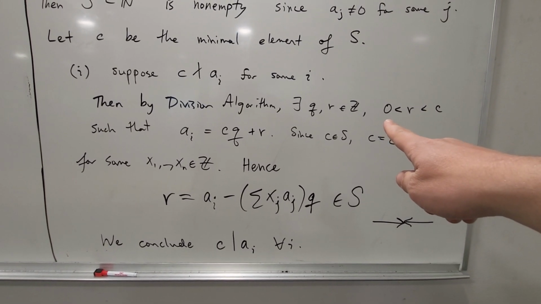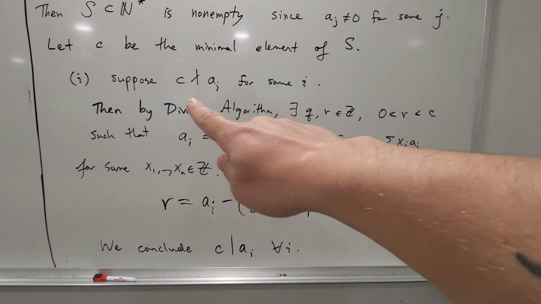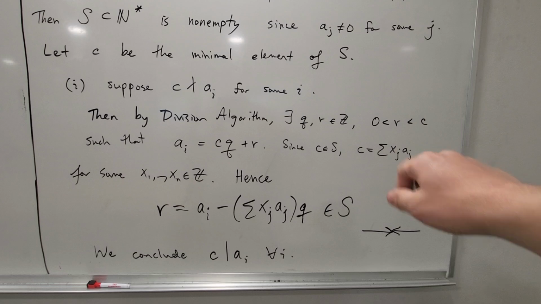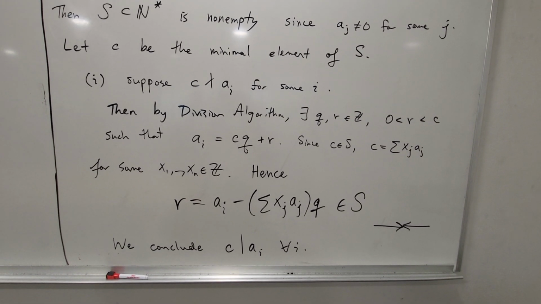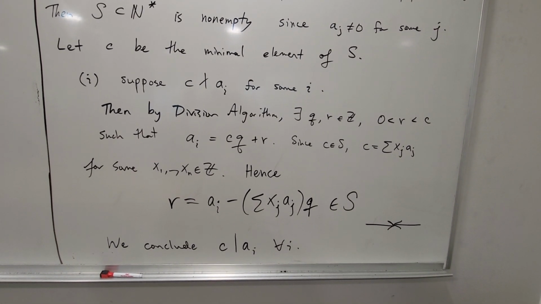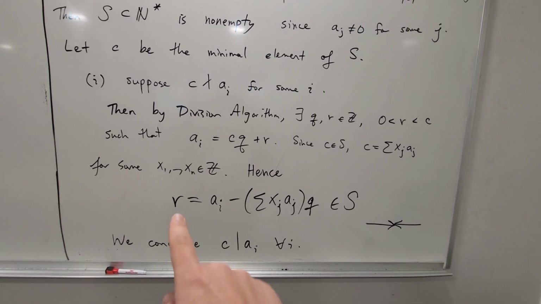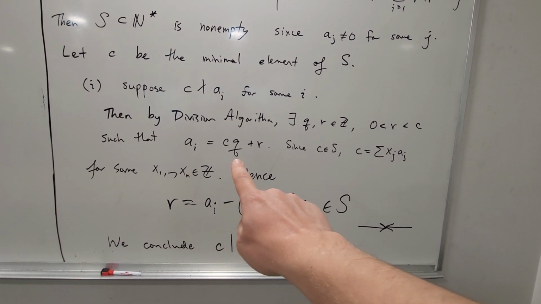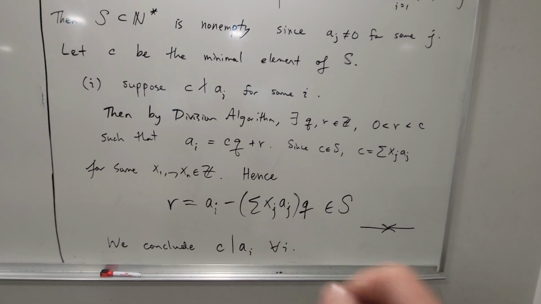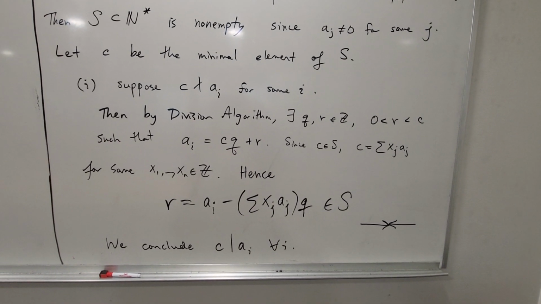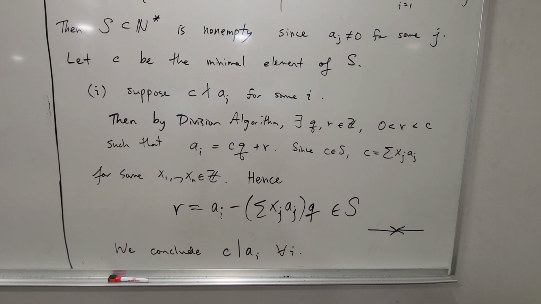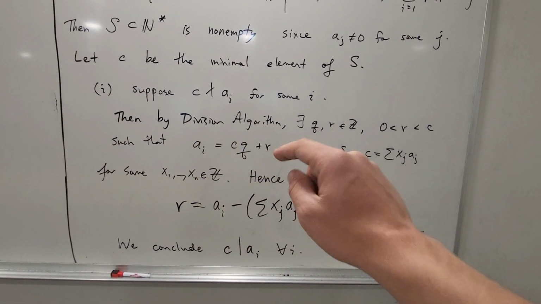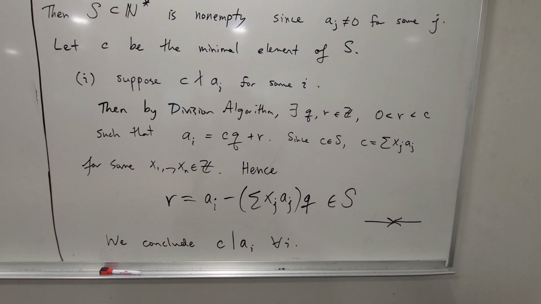Notice it's strictly positive because we're assuming that c does not divide a_i. And so we have a_i equal to c times some integer q plus r. If you're not familiar with this process, this is what's called the division algorithm, and you can look that up on your own time.